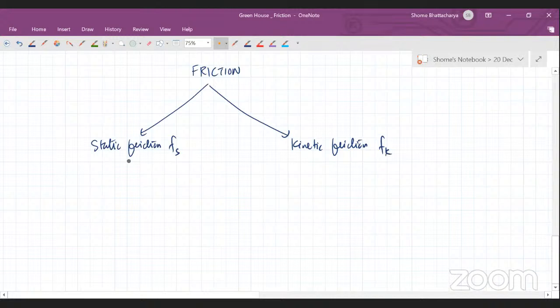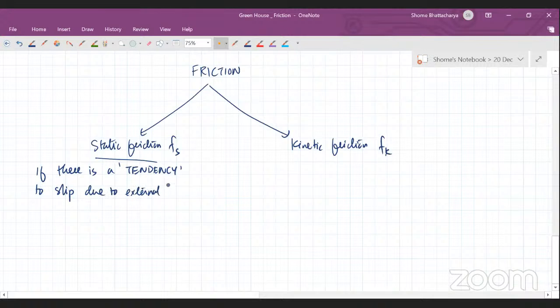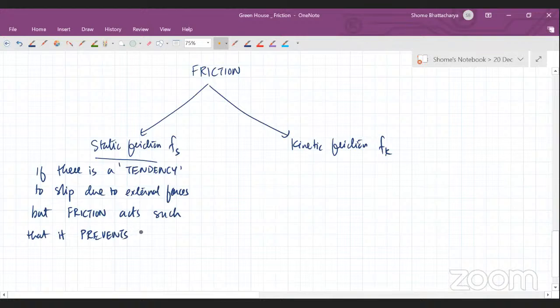If there is a tendency to slip due to external forces, but friction acts such that it prevents slipping altogether, then the type of friction is called static friction.